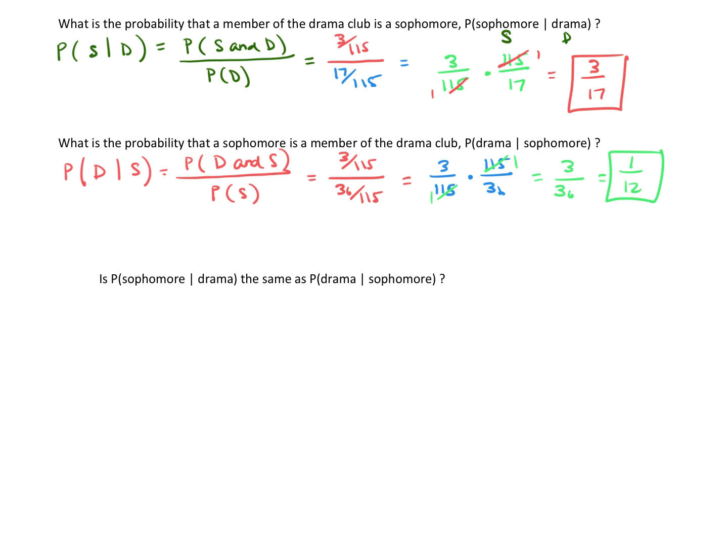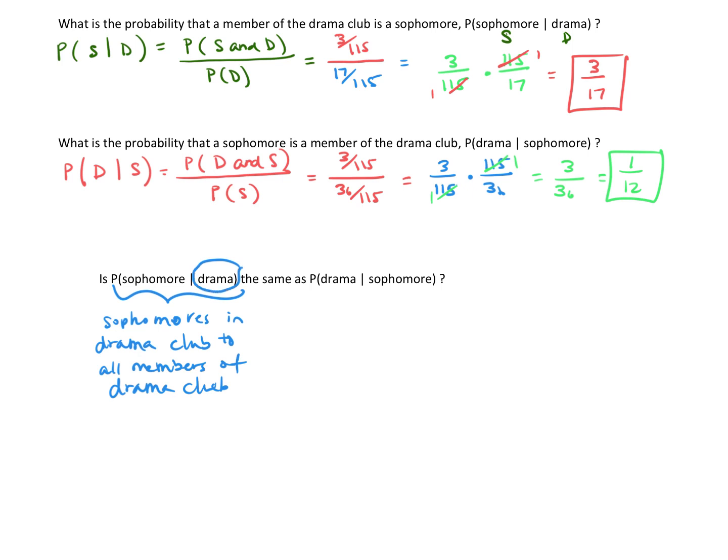Just a couple of notes to write on that. What this one is saying is it's comparing sophomores in drama club to all members of the drama club.